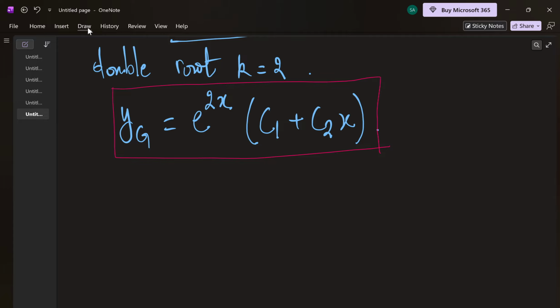So it is very easy to solve differential equations of order 2 with constant coefficients. So any questions till now?